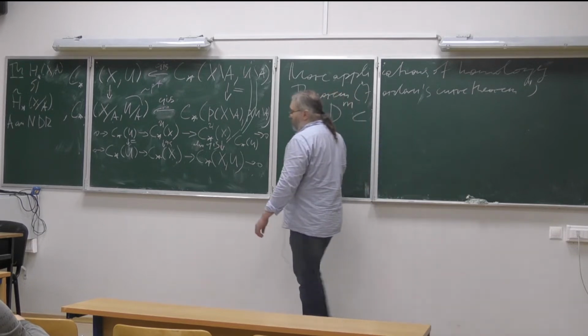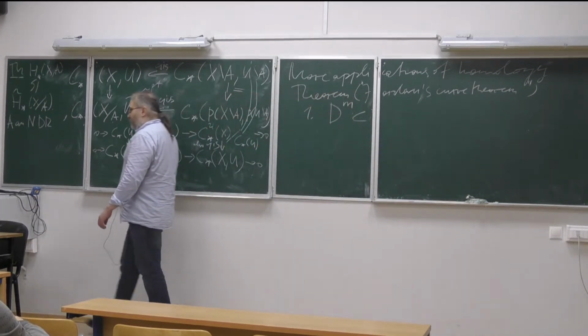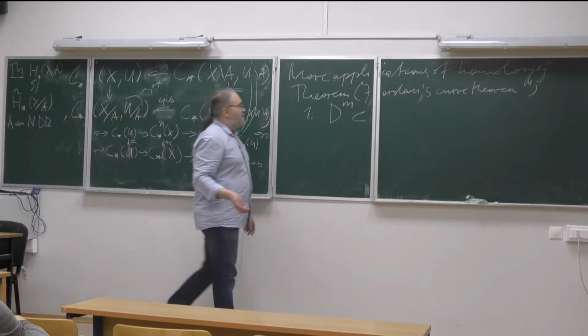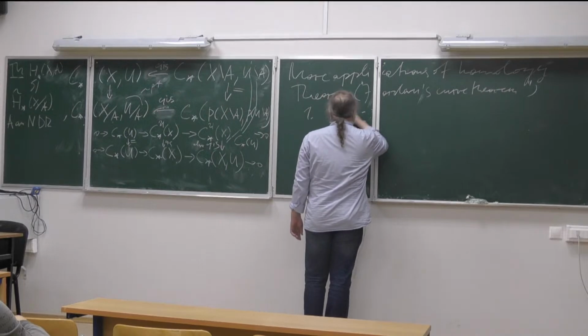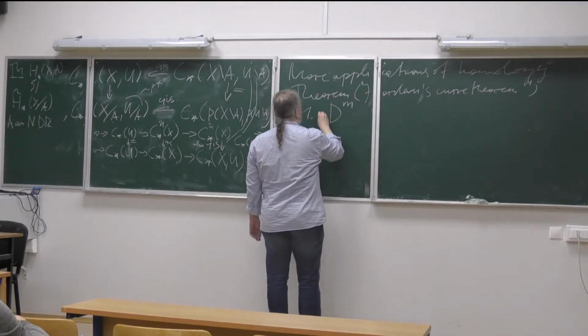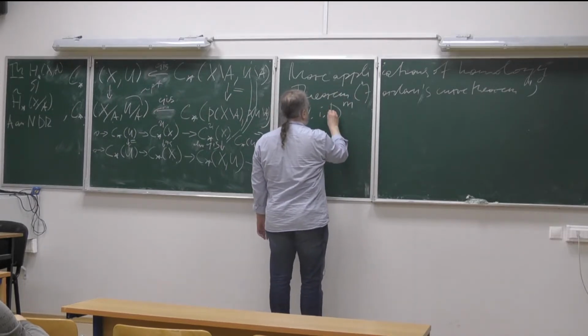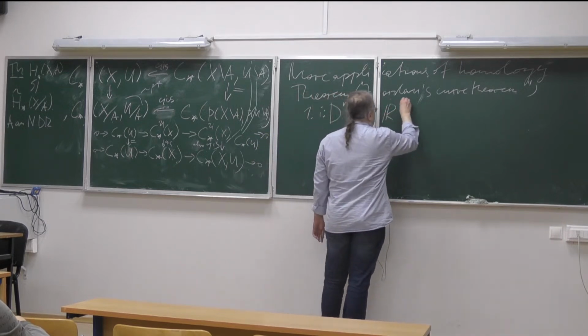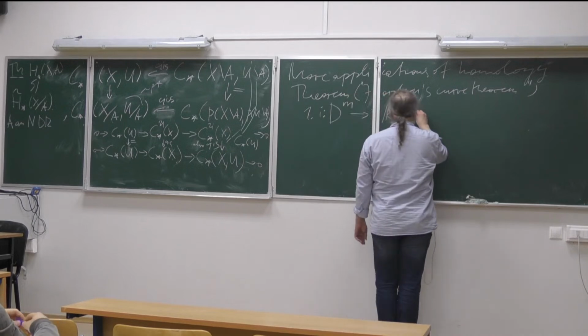And we will actually proceed in two steps. So step 1, suppose I have an embedding I of the m-disk into R^n.